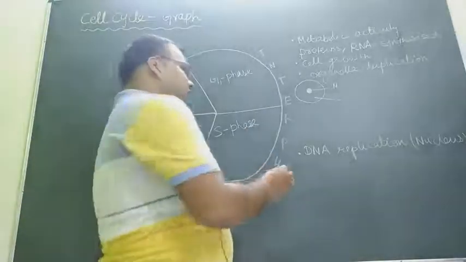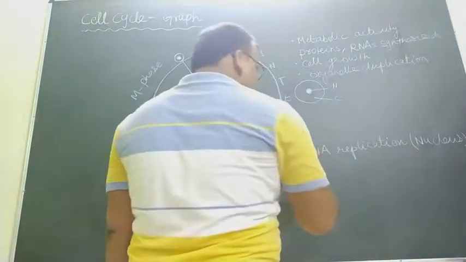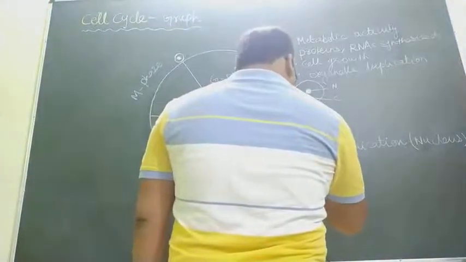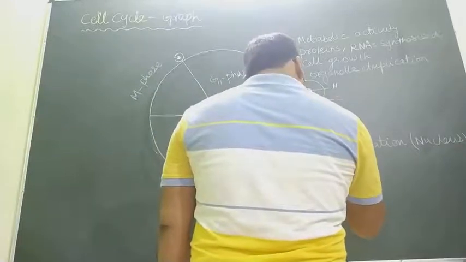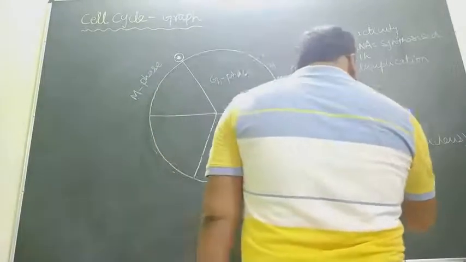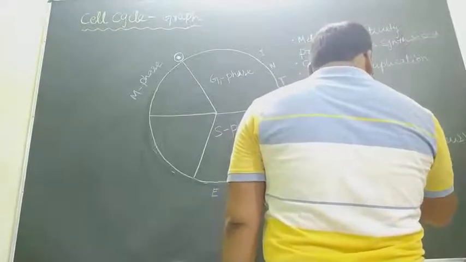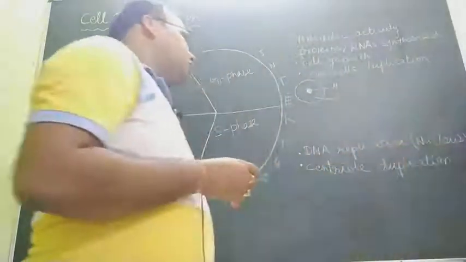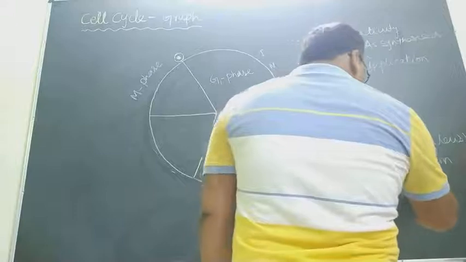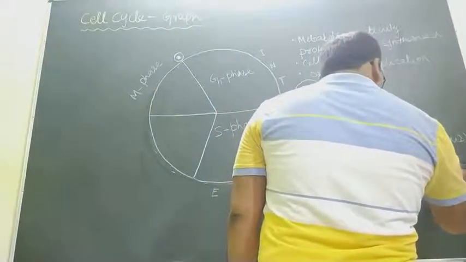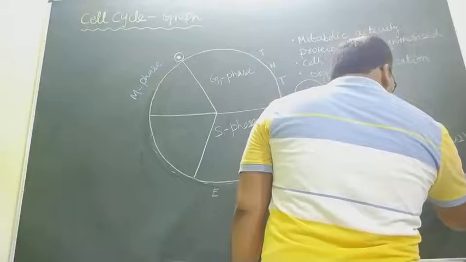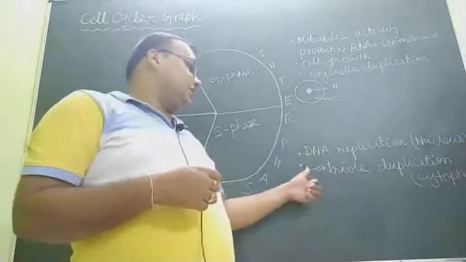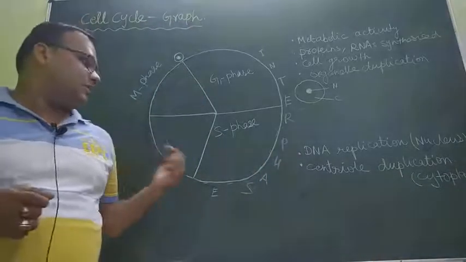So the next characteristic feature of S phase is centriole duplication, and this event takes place in the cytoplasm. So DNA replication takes place in the nucleus and centriole duplication takes place in the cytoplasm of the cell.